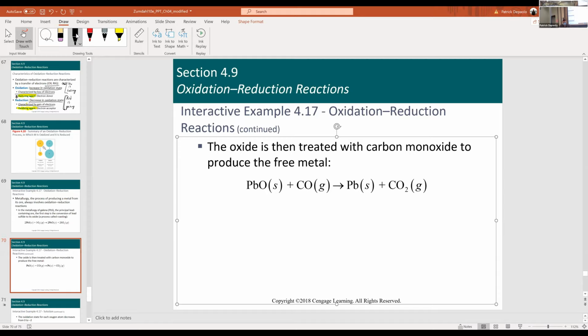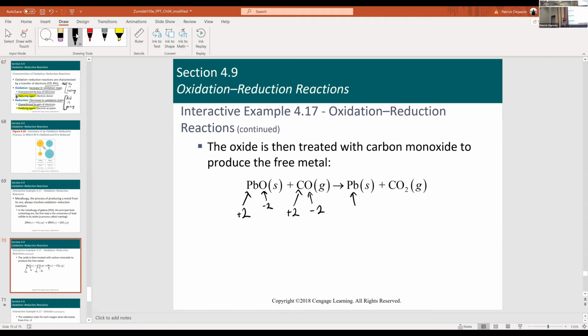So oxygen, -2. What's lead going to be? Good, +2. Oxygen here, still -2. What's carbon? +2, nice. Now what about this lead? It's in its elemental form.